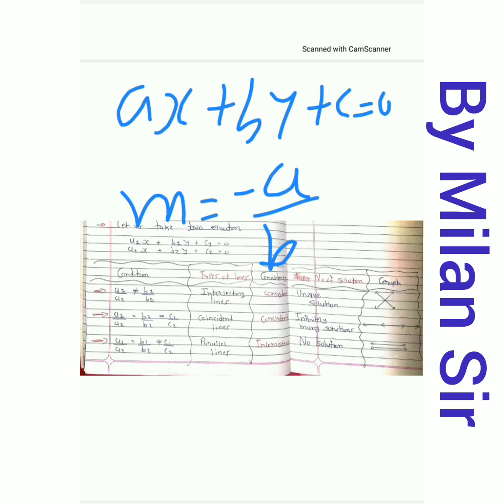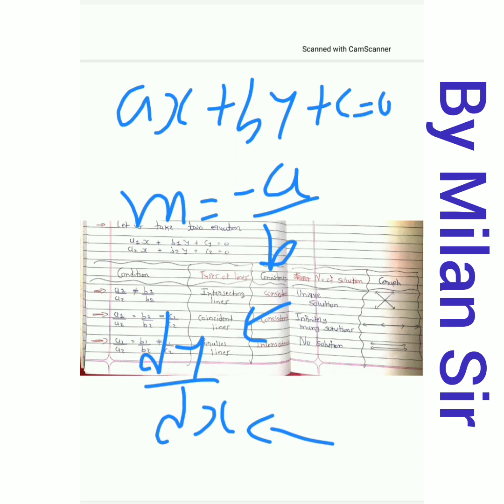This formula, minus a by b, you can also derive by derivation. Derivation means dy by dx. dy means a difference in y, and dx means a difference in x.